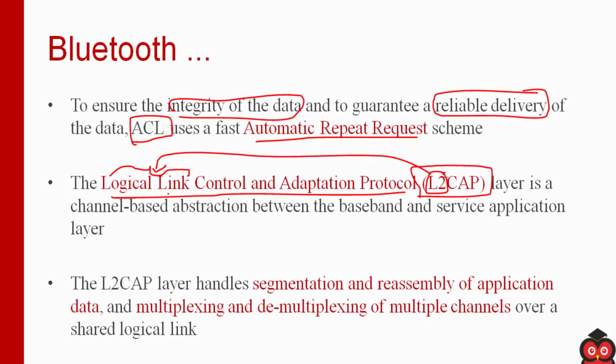They have named it L2, like two L's. Logical link control and adaptation protocol. It provides channel based abstraction between the nodes. It's an abstraction, it's not a physical thing, it's a logical thing.